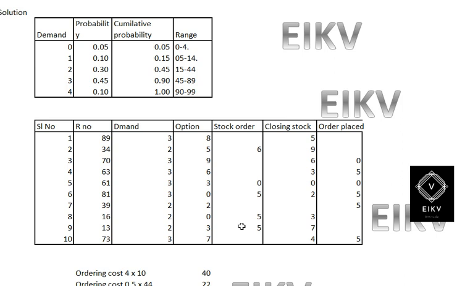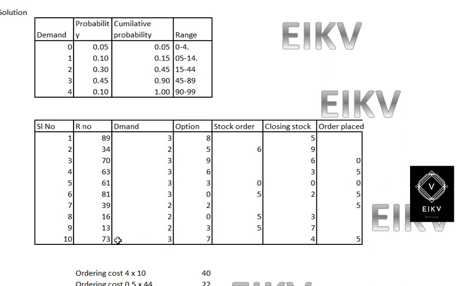Therefore the balance will be 5 plus 3 minus 2, that is 7. And when the closing balance is 7, therefore the next order will be made on the second day.